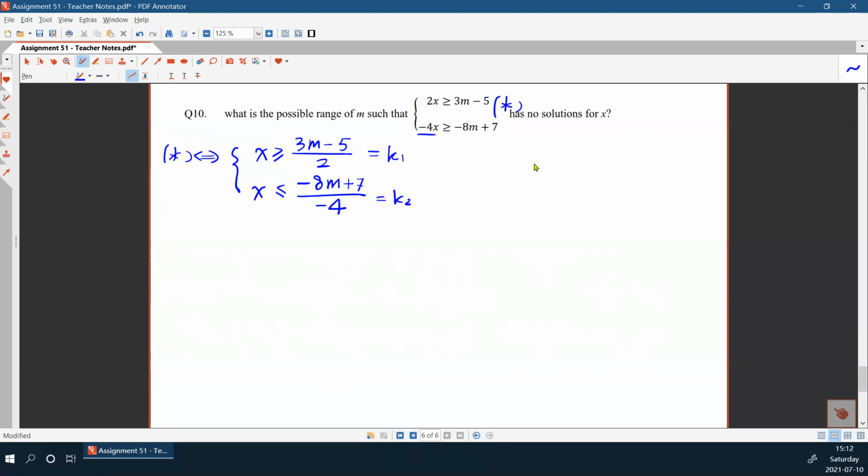So tell me, under what circumstance there is no solution for x? The relative positions of k1 and k2 must be, so for example, k1 is here. Where should be k2? Tell me, on the left or right of k1?